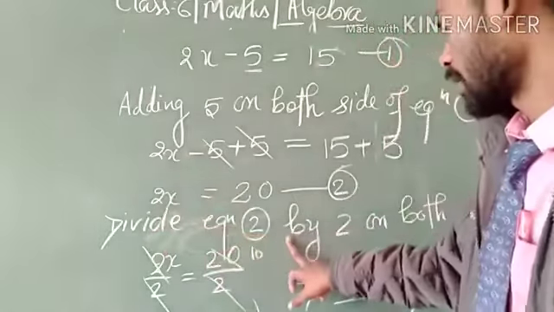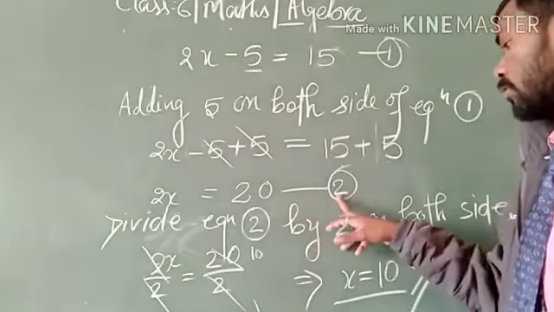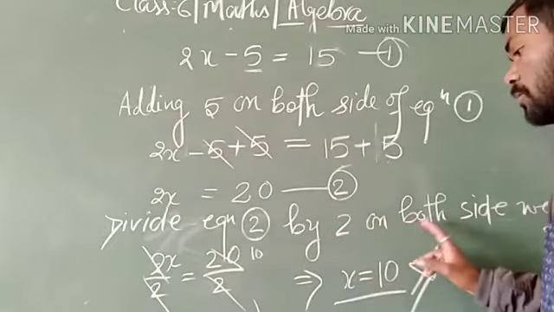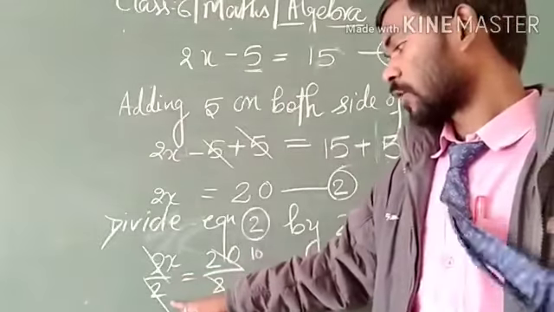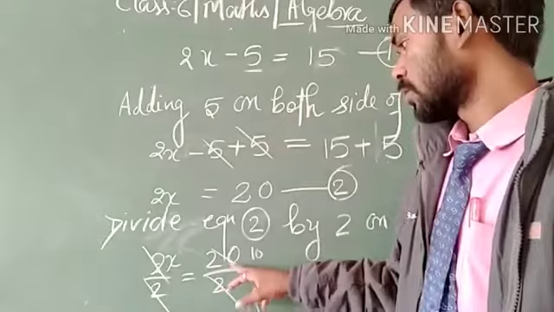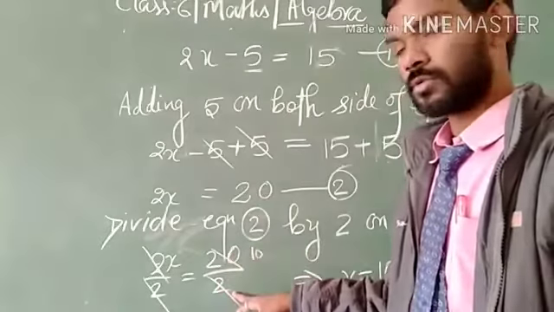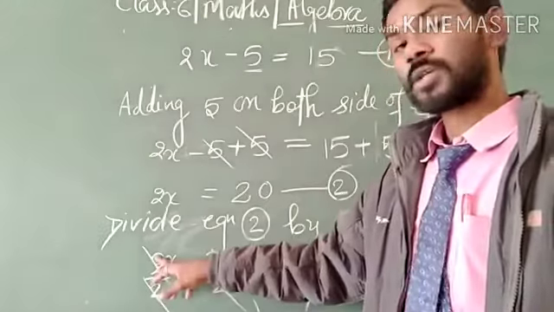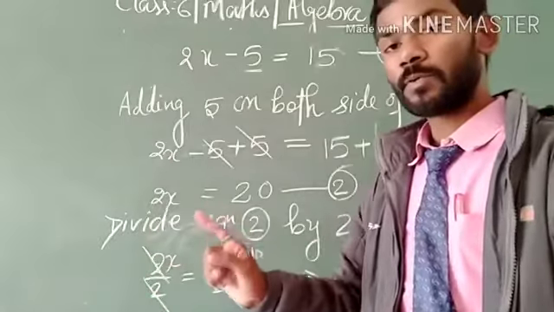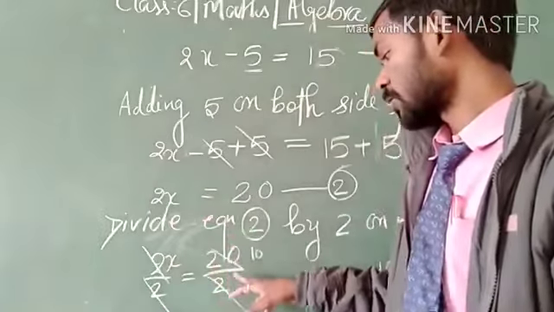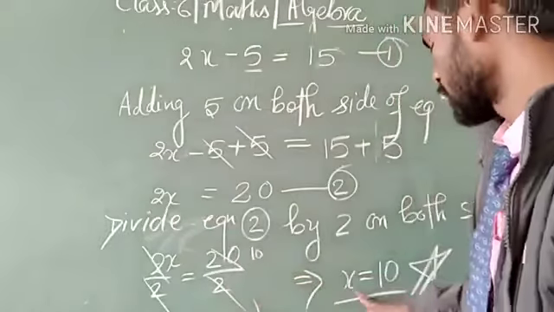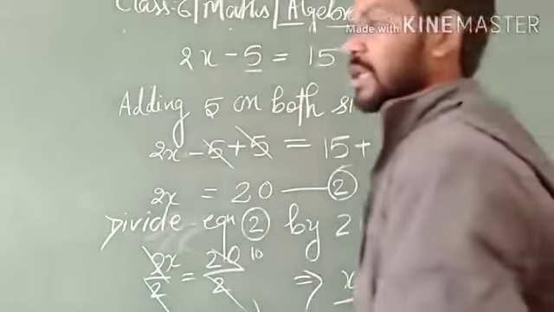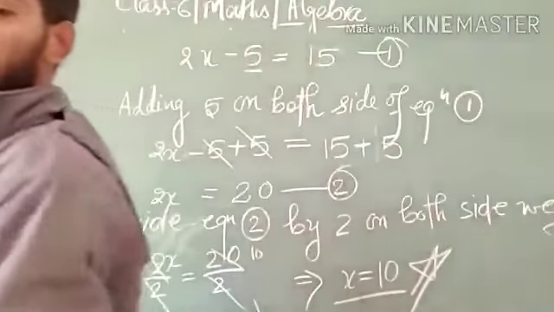Therefore, we divide equation number 2 by 2 on both sides. We get 2x upon 2 is equal to 20 upon 2. Here 2 divided by 2 gives 1, and 20 divided by 2 gives 10. And hence we get the solution as x is equal to 10.